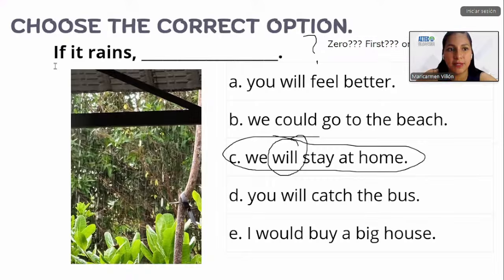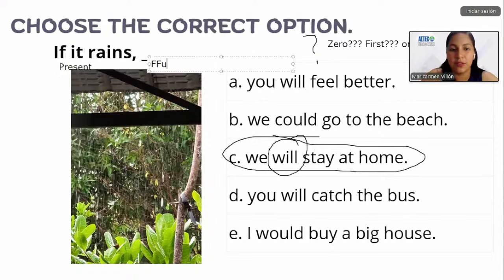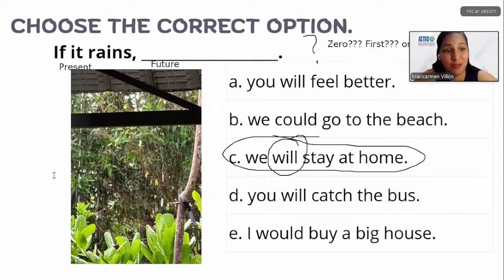So this is present, right? So we have here future, right? So when we have present in the condition and future in the result, that is first conditional. Excellent. If it rains, we will stay at home. Y es que si llueve, nosotros vamos a quedarnos en casa.